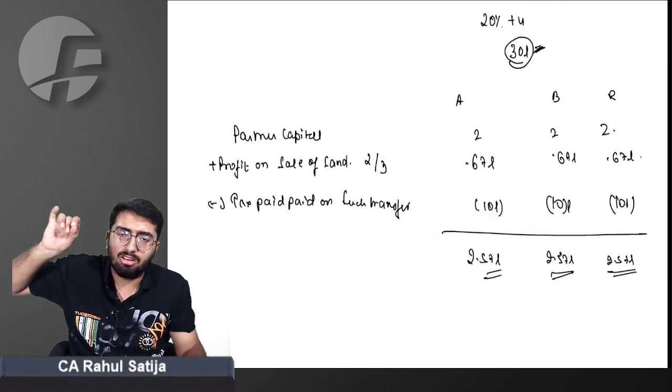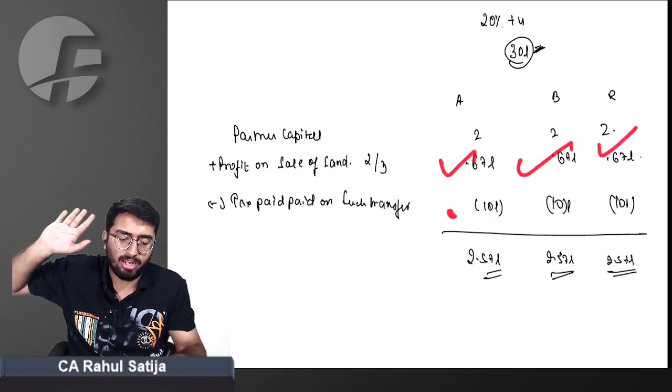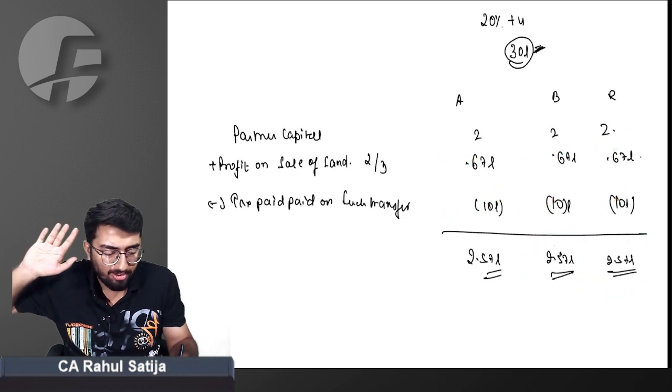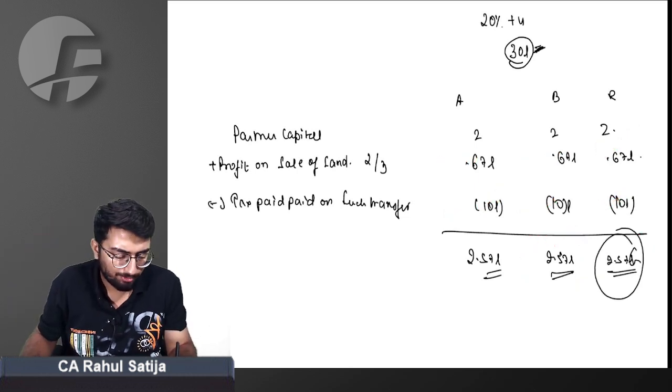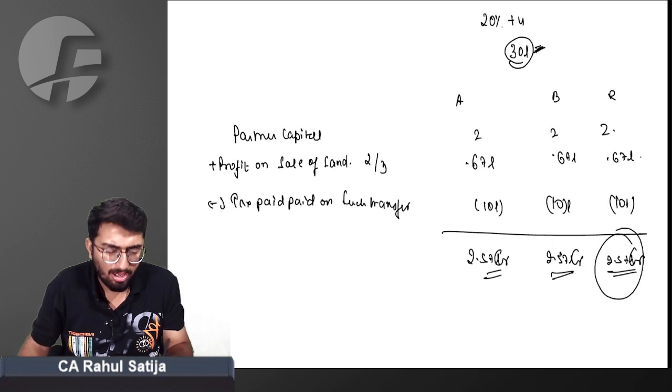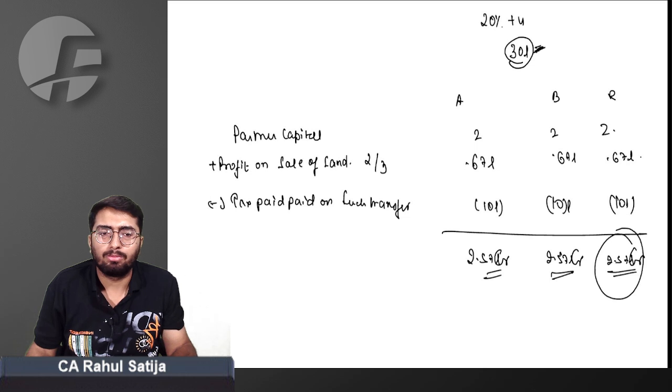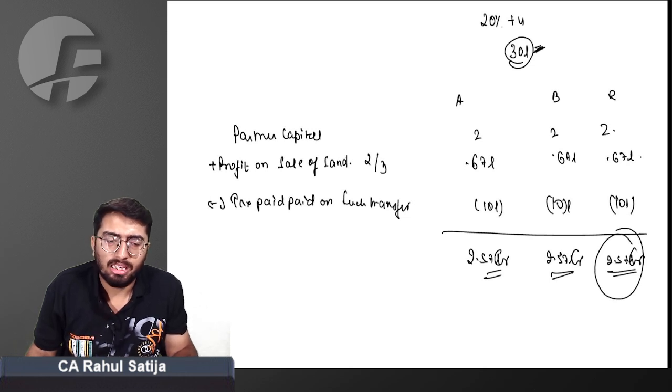Your profit would have been this much and your tax liability would have been this much. After adjusting these things, your capital would have been 2.57 CR. Do you agree with me or not? Yes, sir, we do agree with you.